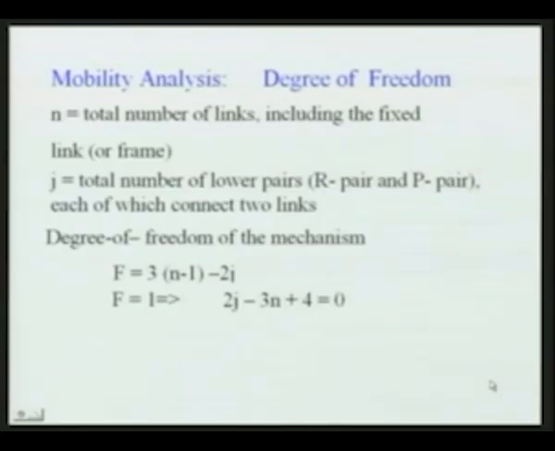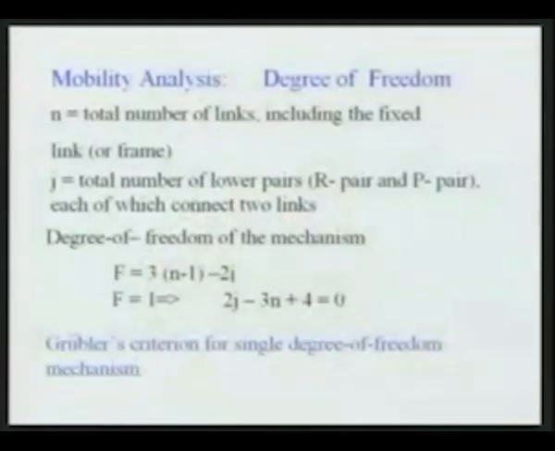So, for a single degree of freedom mechanism maintaining a unique input-output relationship, the number of links and the number of lower pairs must be related by this equation, that is 2j minus 3n plus 4 equals 0. This equation is called Grubler's criterion for single degree of freedom mechanism.